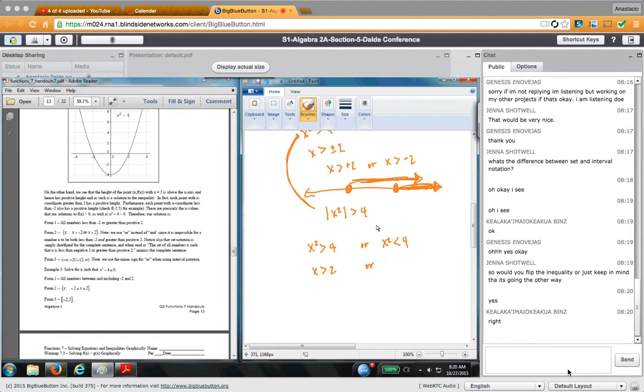This is the positive side. This is the negative side. And when I took the square root of both sides, usually I would put a plus or minus here, but since it's the positive side, I'm going to put the plus version. And since this is the negative side, I'm going to put the minus version.